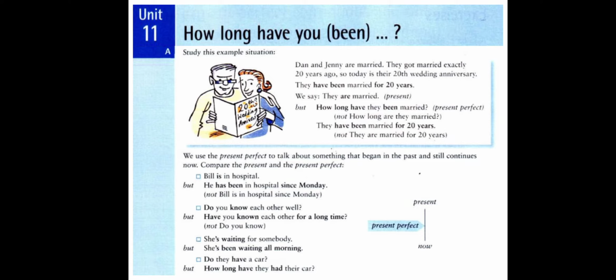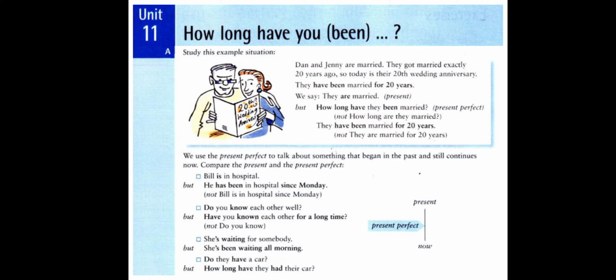For indicates the period covered by the action. And if you think of have been here, you will wonder why it is written married, not marrying, not verb plus ing. You know it is written married because it is in the passive form.